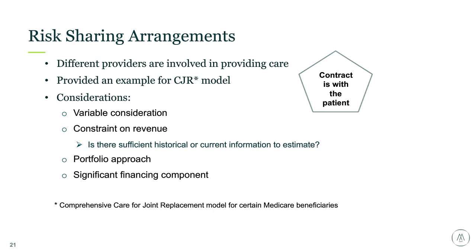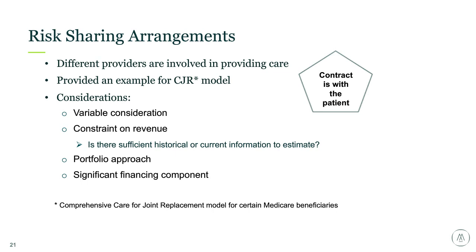Probably the most important bullet point here is constraint on revenue. Kimberly talked earlier about what a constraint on variable consideration is and the definition there. And the question in risk-sharing arrangements is, do we have sufficient historical or current information to estimate appropriately the outcome of those sharing arrangements and the ability to record variable consideration that is not constrained, that won't be probable of significant reversal in the future.